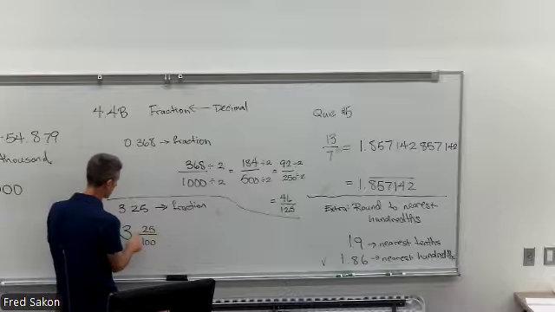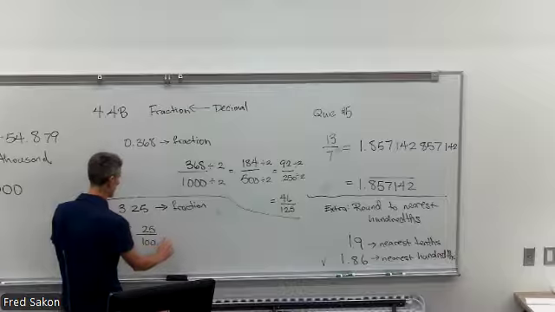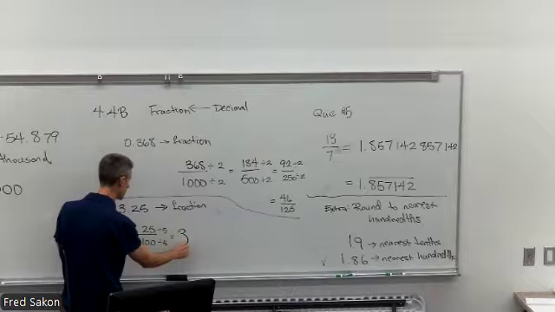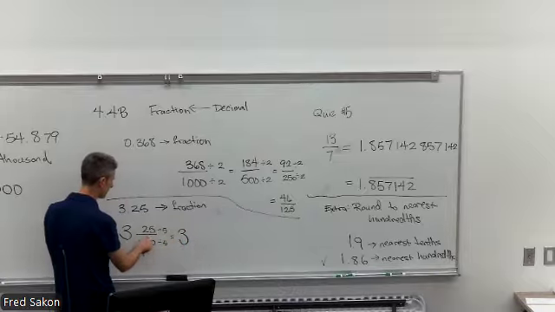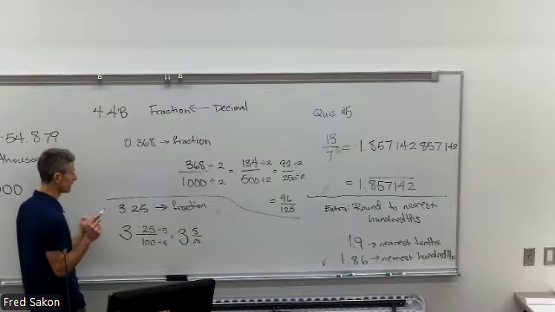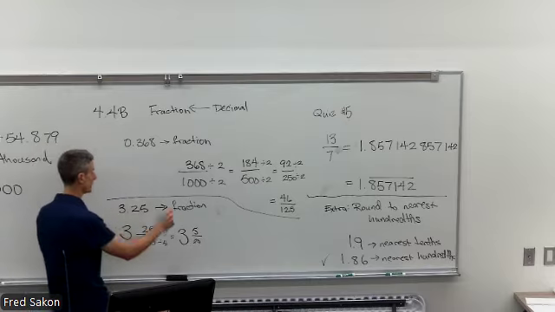What could we divide out of both of these? 5. Keep that 3 along, and then reduce your fraction. We get 5 over 20. Can we divide any more out?